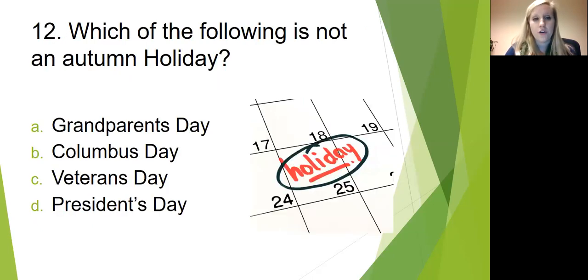Question 12. Which of the following is not an autumn holiday? Is it A, Grandparents' Day, B, Columbus Day, C, Veterans Day, or D, President's Day?